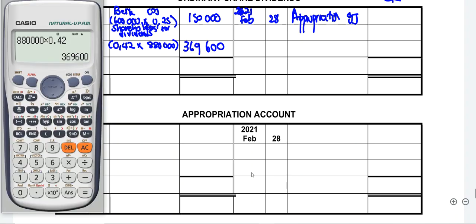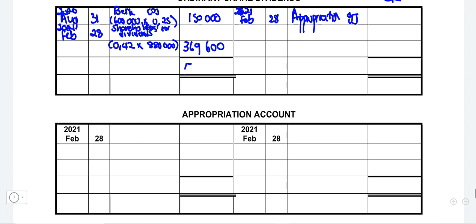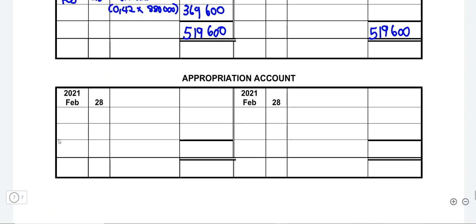So when we do our part, we are going to add this: 150,000 plus 369,600, which gave us 519,600. So that 519,600 will have to be brought here, and also here. Then remember guys, appropriation has been credited, as we have credited ordinary share dividends by appropriation. So this ordinary share dividends will also come this side.